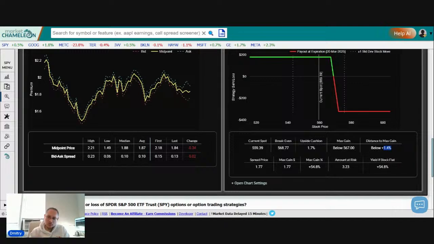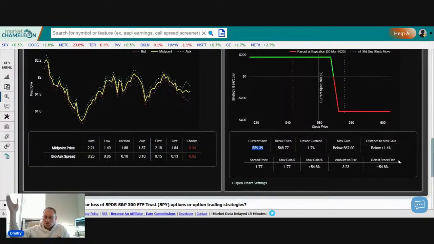Obviously, if it goes down or stays here, you're good. But even if it goes up 1.4%, it hits that 567, you'll still hit your max gain. As long as both those options expire worthless, you hit your max gain. Which means even if the stock goes from 559 to 560, 561, 562, both those options will still expire worthless.